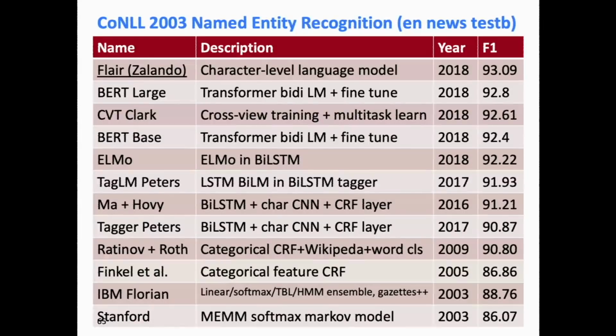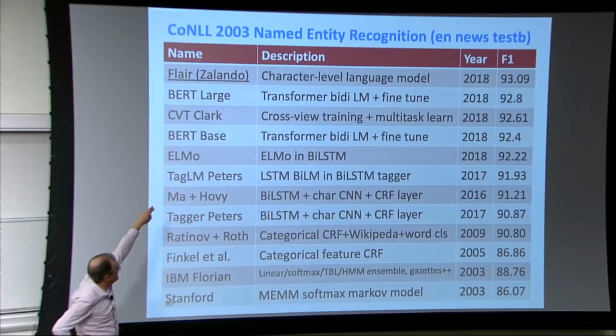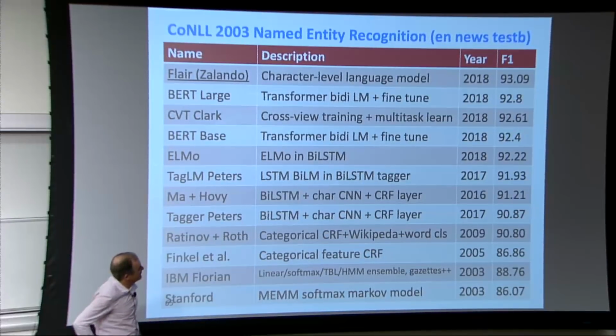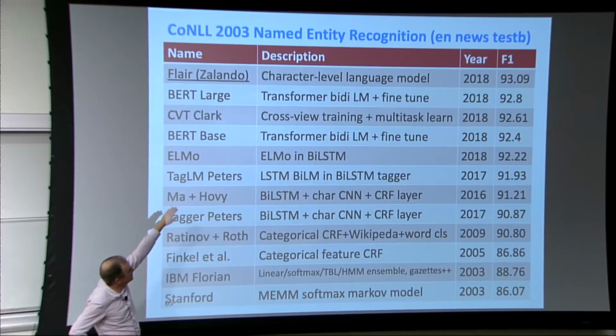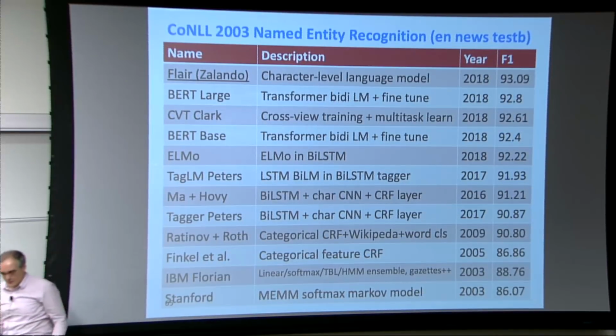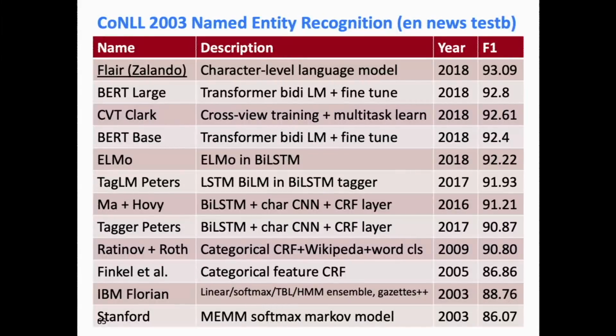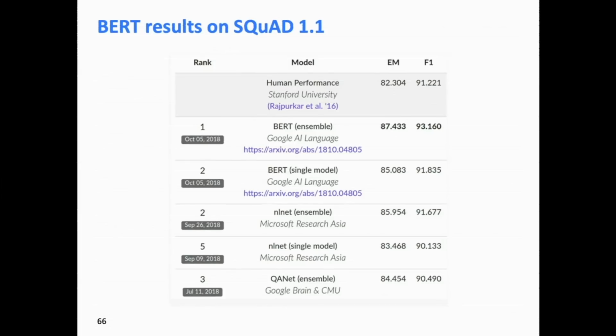So if I return back to my CoNLL NER task, we had ELMo giving you 92.2, and you continue to get gains. The BERT base gets you to 92.4, and BERT large takes you to 92.8. Though in truth in description, there is now a system that beats BERT large on NER, which is actually a character level transformer language model from Flair. But, you know, this continued over to a lot of other things.